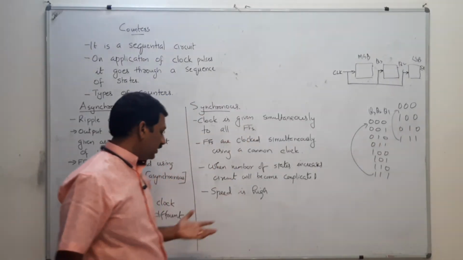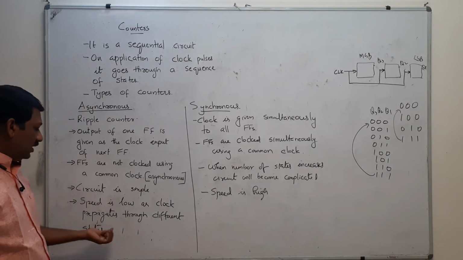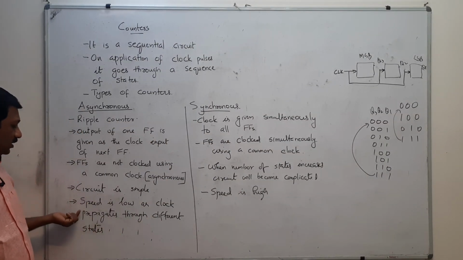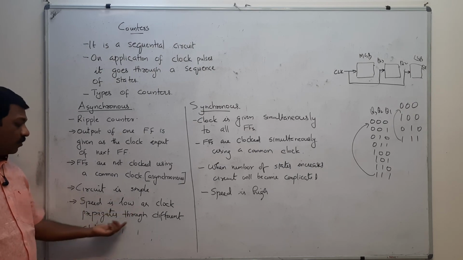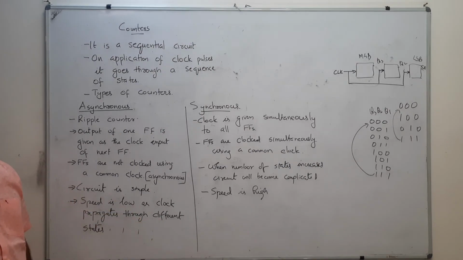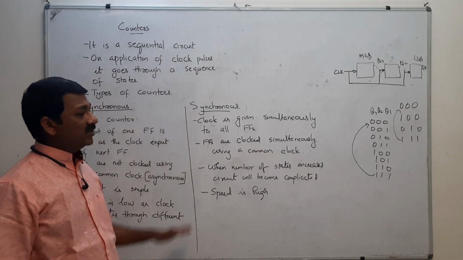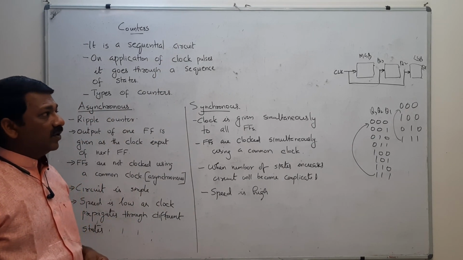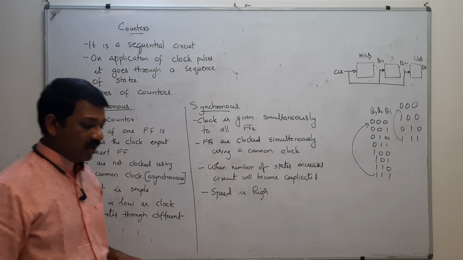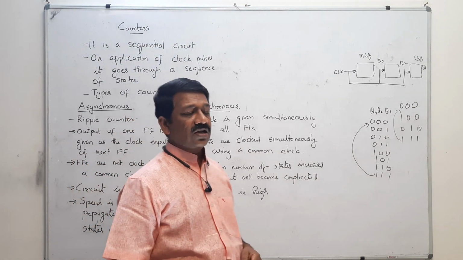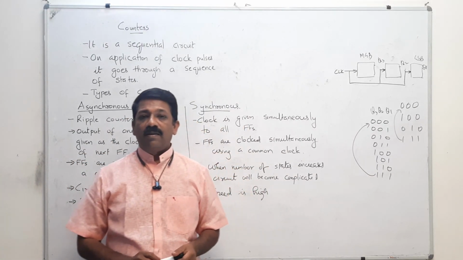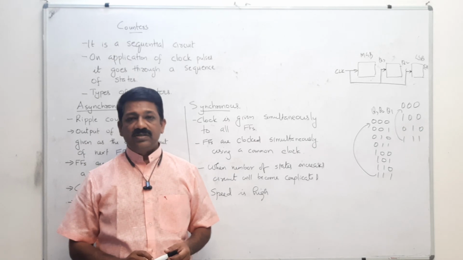That means it is taking time, and the propagation delay is a bottleneck, and in that case speed is low as clock propagates through the different states. And that's all about counters, an introduction to counters. And now in the next section we are going to discuss asynchronous counters in detail.